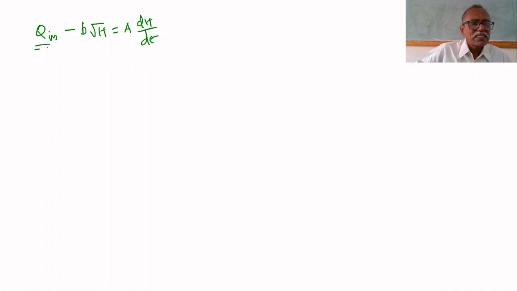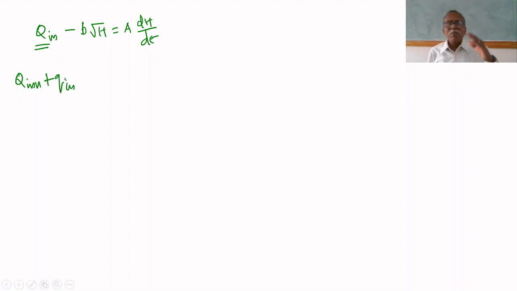This can be written as Q in nominal plus Q in. It means at nominal level, inflow rate equals outflow rate. Q naught nominal equal to Q in nominal. Therefore, total Q in can be written as Q in nominal plus Q in, about changes, which may be positive or negative.